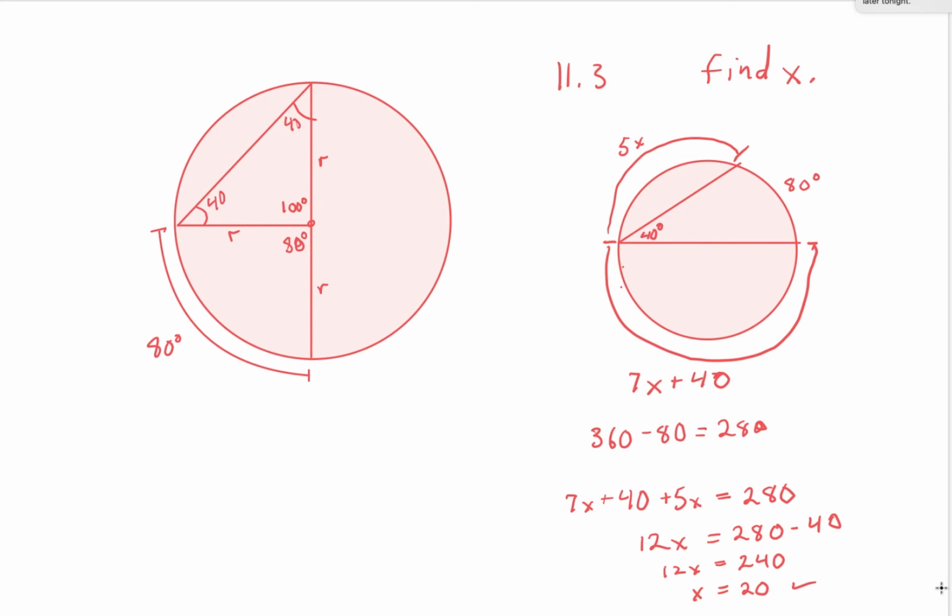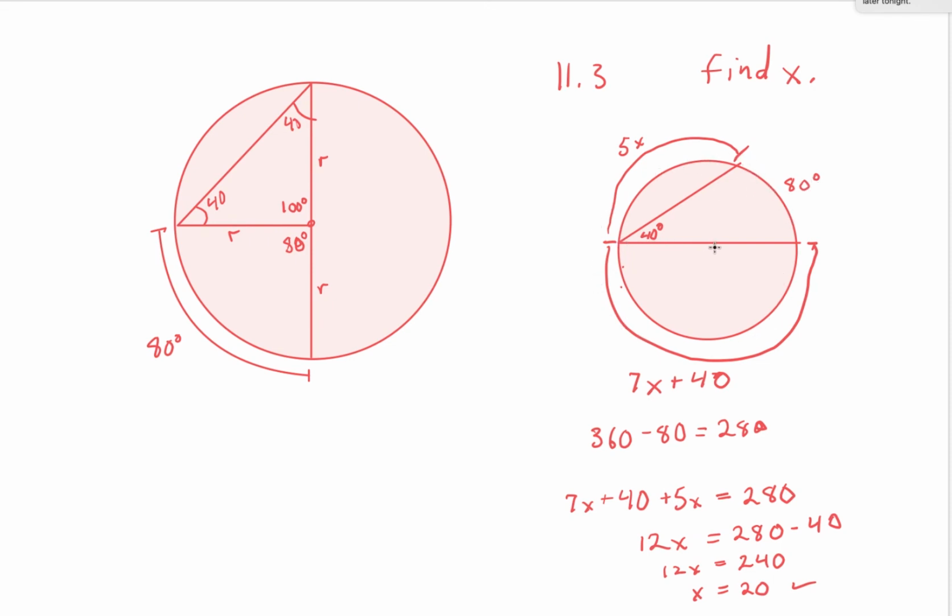So you see how we got that? We remembered that an inscribed angle, when it comes to the diameter, it's the same measure as this. But when it comes all the way to the other side of the circle, it's going to be half. So we doubled this to find out what this intercepted arc degree was, and that was 80. We subtracted 80 from the full degree.